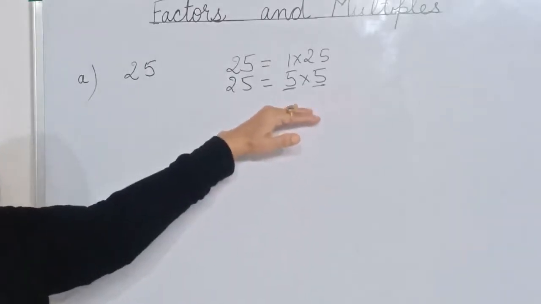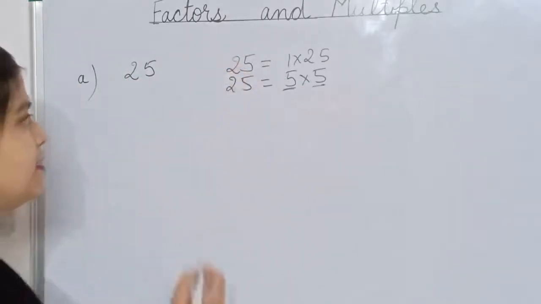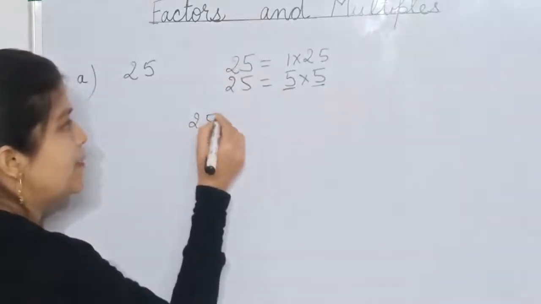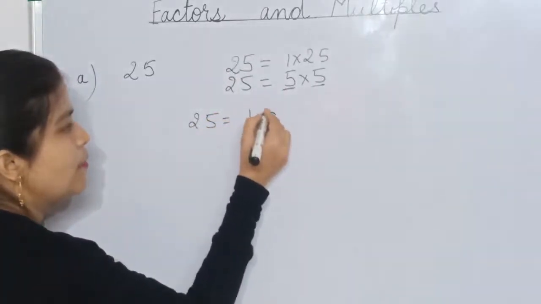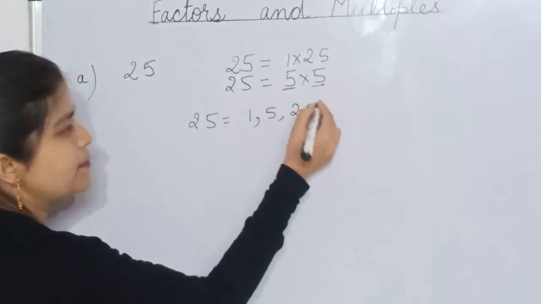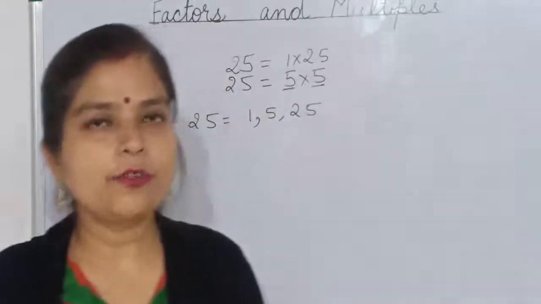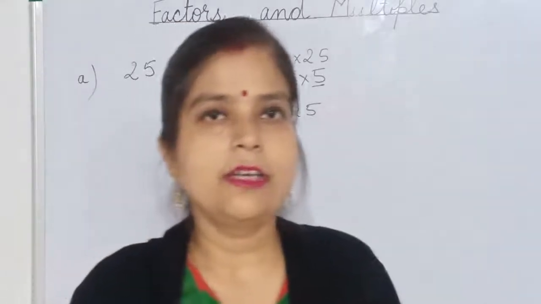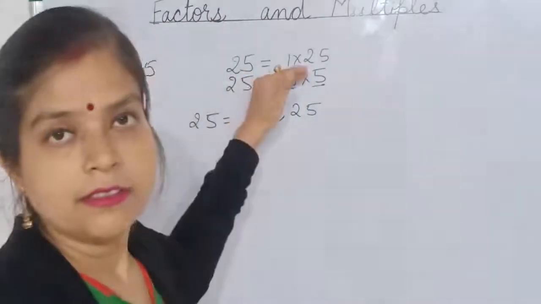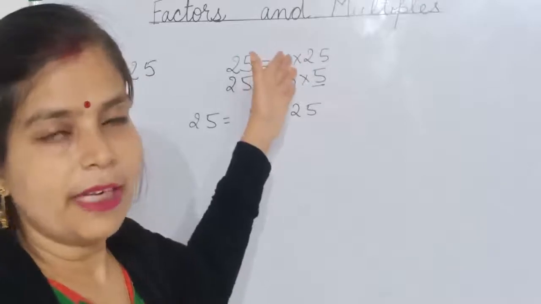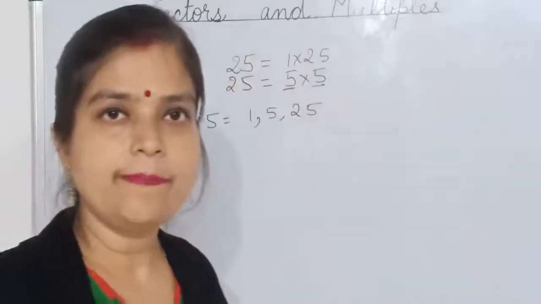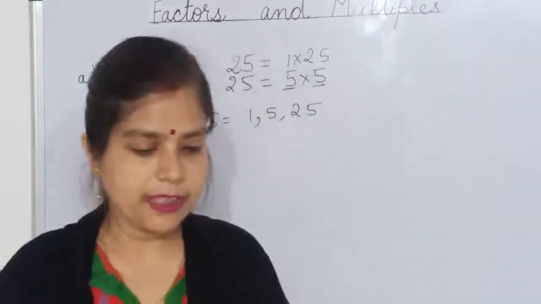We will stop here only and write the factors. All the factors of 25 will be 1, 5 and 25. Easy work. So now we have learned how to find the factors by the multiplication table or by dividing the number. Okay, so you do the exercise here.